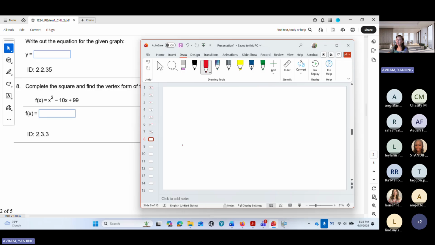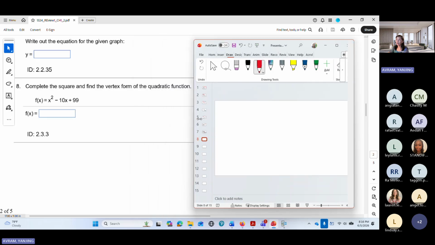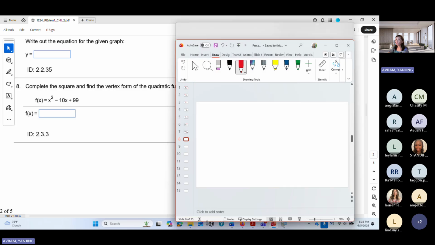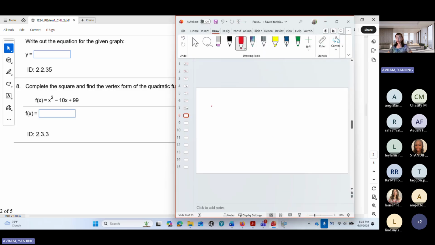I know sometimes when you try the first class, you probably feel pretty foreign seeing this, but after you do the homework, you will feel much better. The one way is completing the square. So what is the completing the square method? If I have f of x equal to a times x minus h squared plus k.